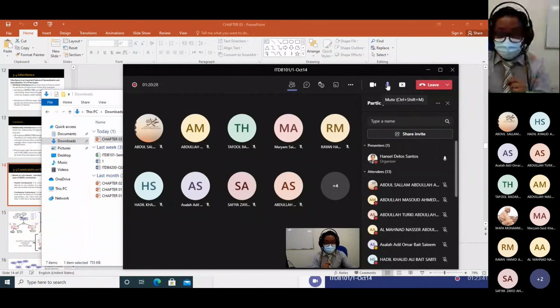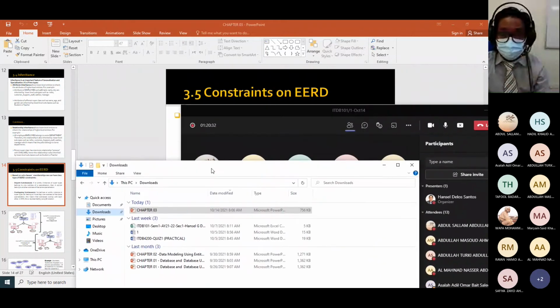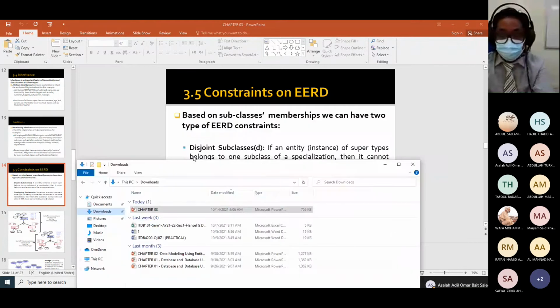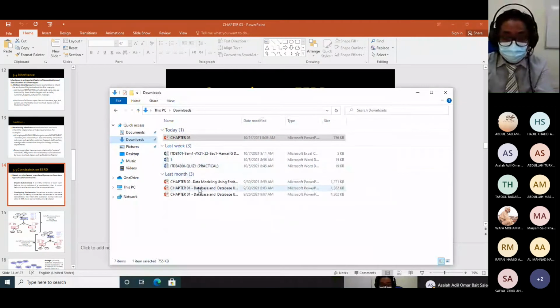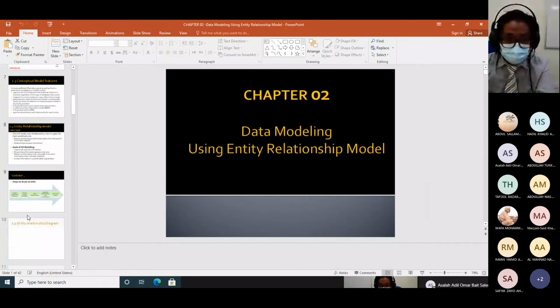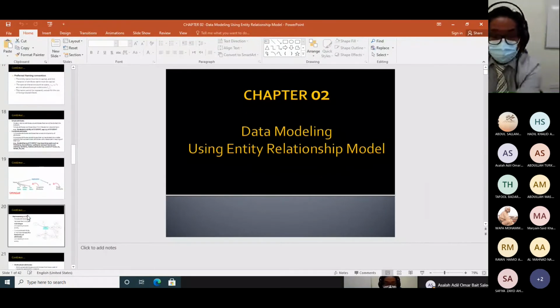Let me compare now chapter 2 about this constraint on ERD, or maybe nearly the totality of your chapter 2. Let me open one slide there in chapter 2, and maybe one complete ER diagram.